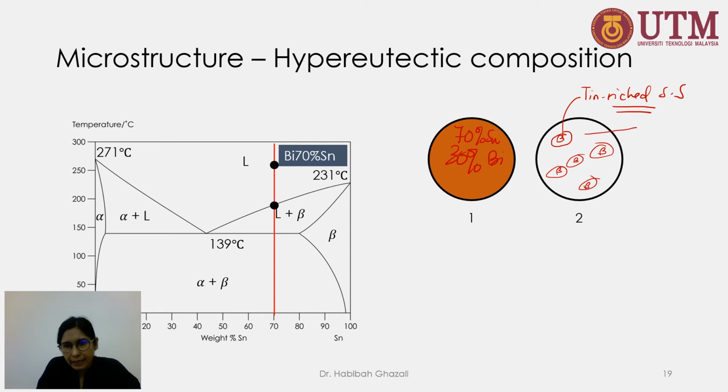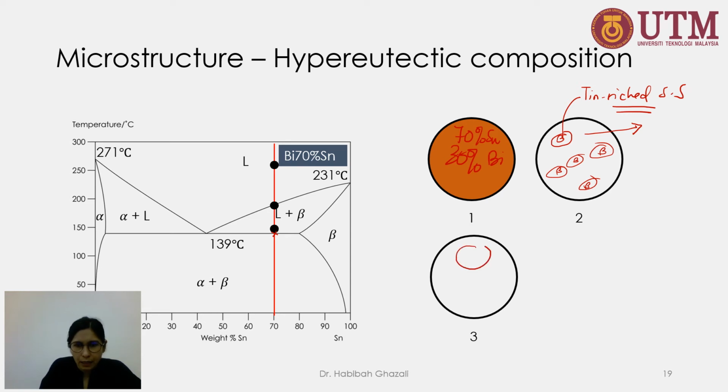Therefore, our remaining liquid here will have a depletion of tin. So tin atoms will deplete as this beta solid solution grows bigger. So in our liquid, tin composition will start to deplete and deplete. As soon as it touches this line here, this primary beta will stop growing.